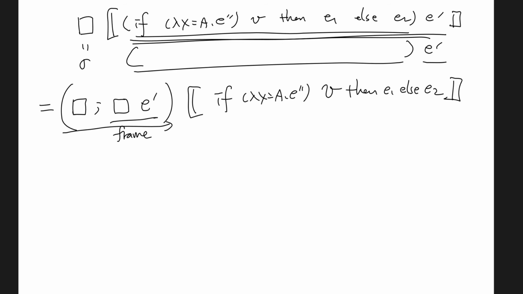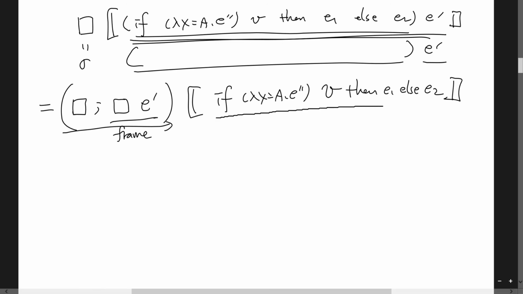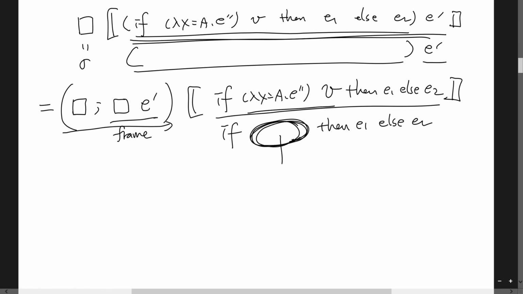and the story is the same now. You analyze this expression and then find that it is if something, then e1 else e2, and you don't know what kind of expression it is. As a human, we can tell instantly this expression is this lambda application. But from the viewpoint of a machine, it is unknown what kind of expression this is.